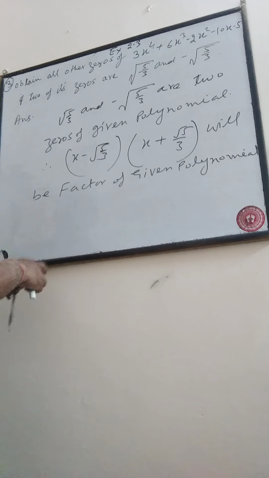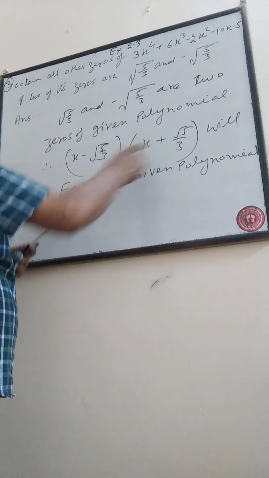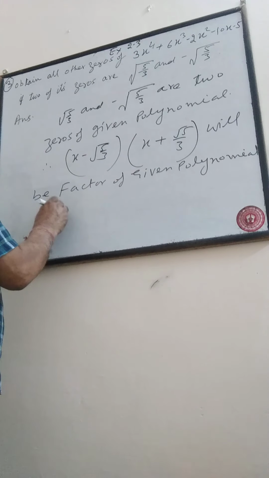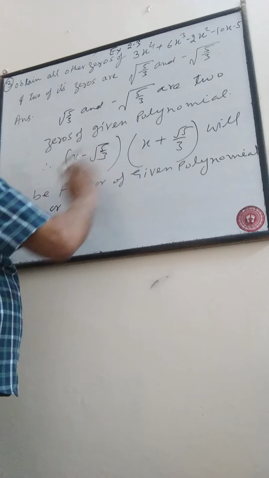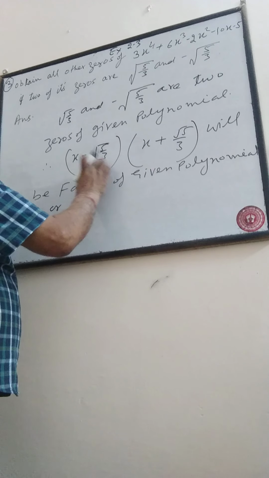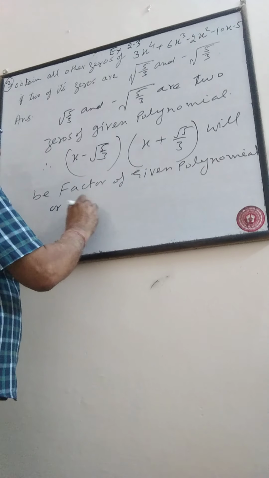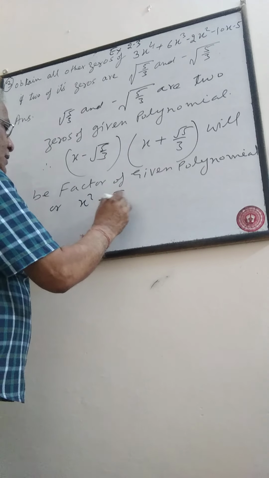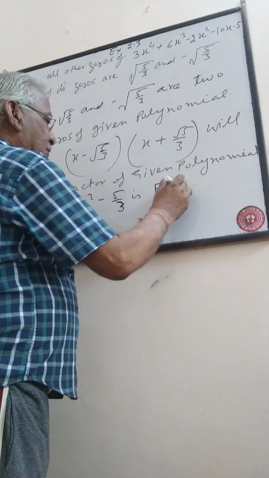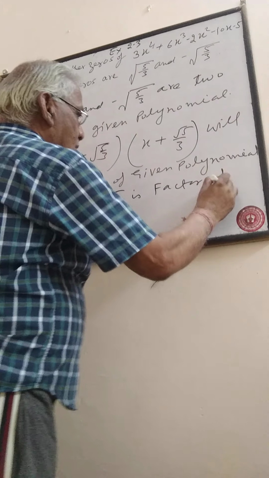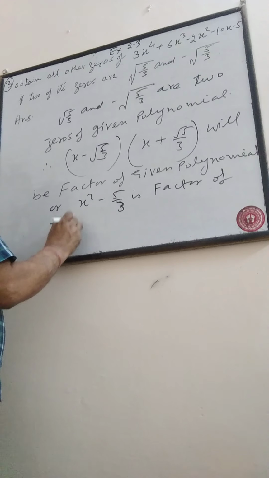This is of the form a minus b, a plus b. You multiply these two brackets, so you get a minus b into a plus b equal to a square minus b square, which is a factor of the given polynomial.